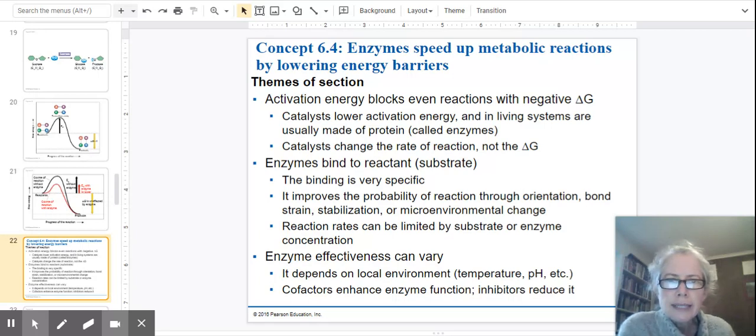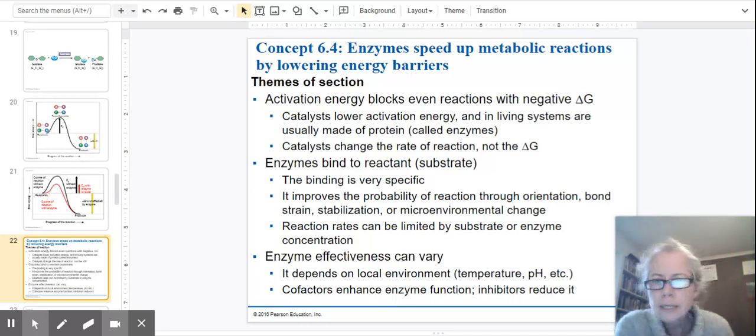The next thing I want to say about enzymes is that the way that they lower activation energy, we're on part 2 here, is by binding to the reactants. And when we talk about reactants in the context of enzymes, then we use a synonym for reactants, which is substrate. So I'm going to say substrate instead of reactant because I'm talking about reactants in the context of enzymes.